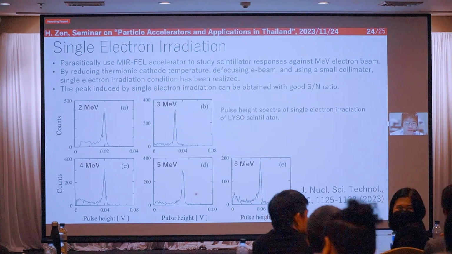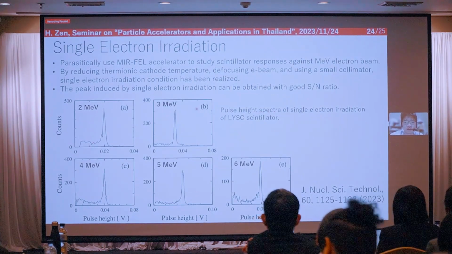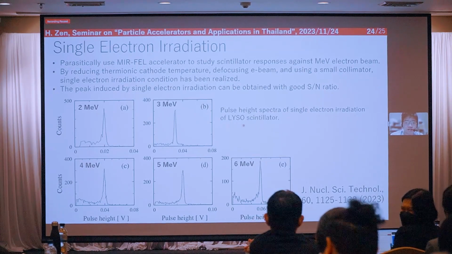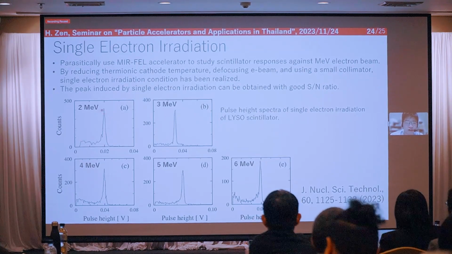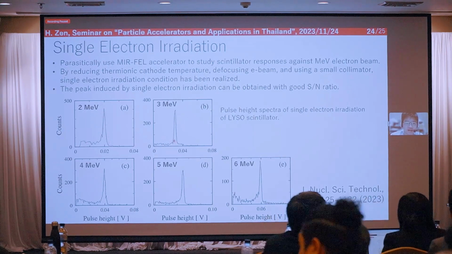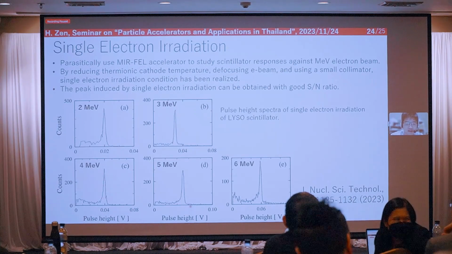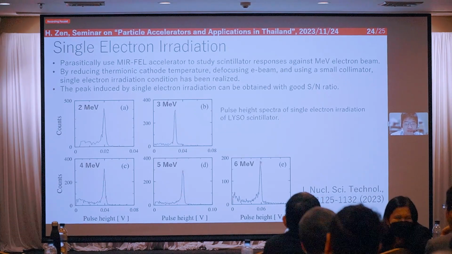And these are the energy pulse height spectra of single electron irradiation of an LYSO scintillator. You can clearly see the 2 MeV isolated peak, 3 MeV, 4 MeV, 5 MeV, and 6 MeV peaks.